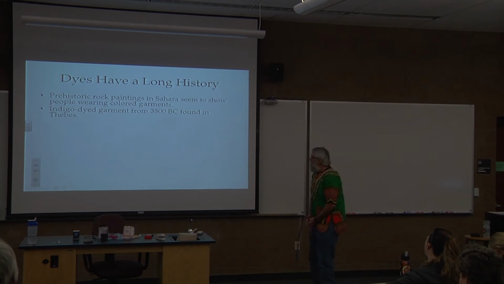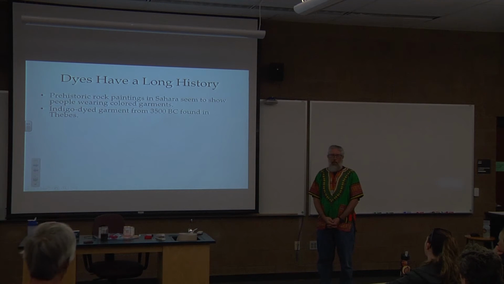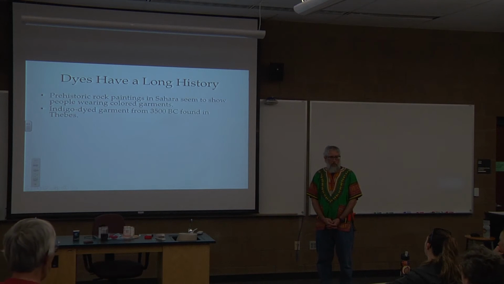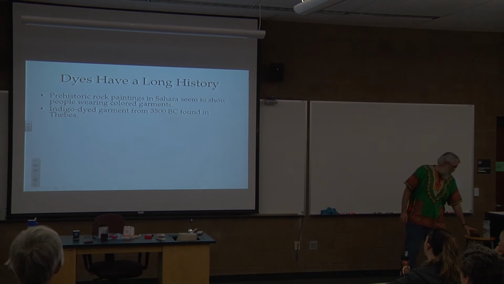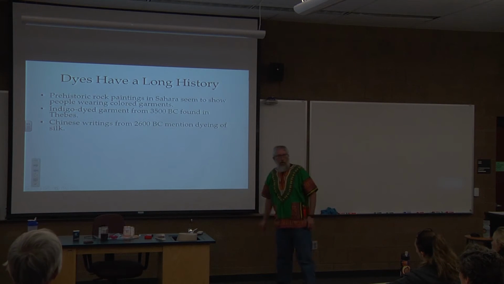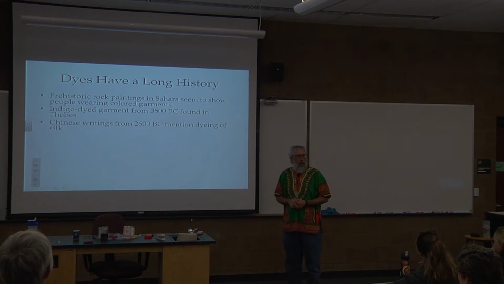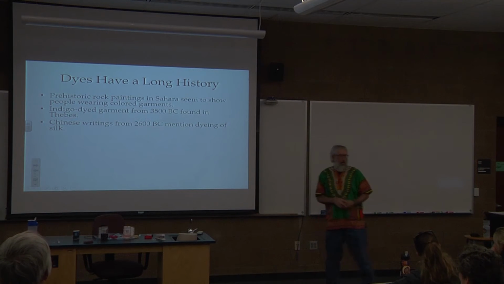Indigo dyed garment from 3500 BC, found in Thebes. I believe this is Thebes, Egypt, not Thebes, Greece. And that's based on the fact that, well, a little bit later on, we're going to see more about Egypt. Dyeing of silk in Chinese writings from 2600 BC.